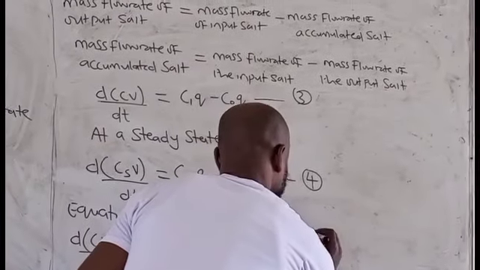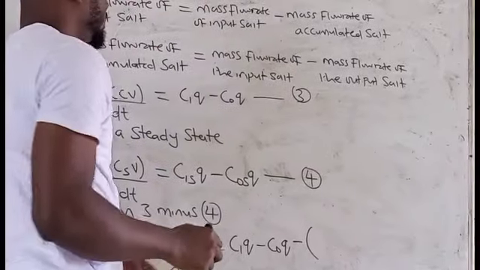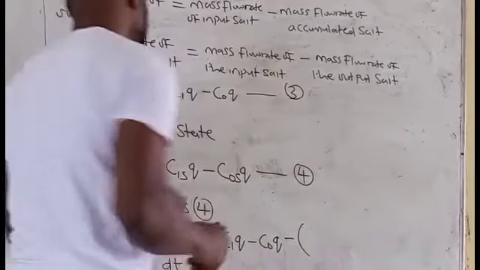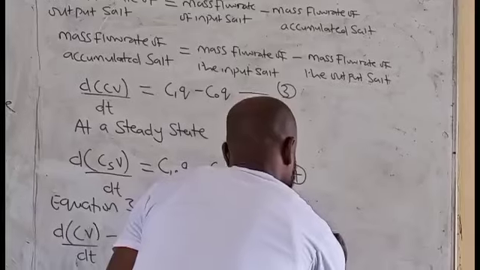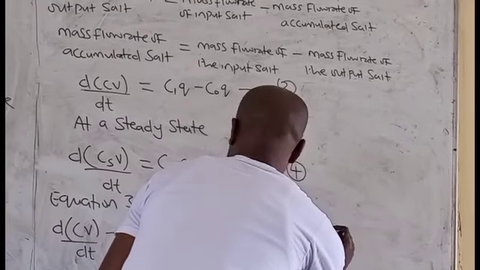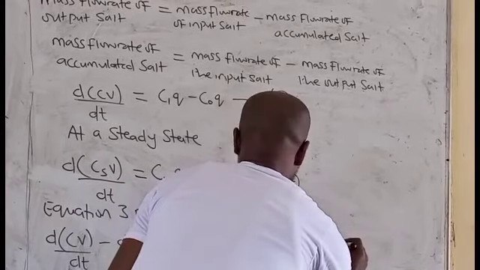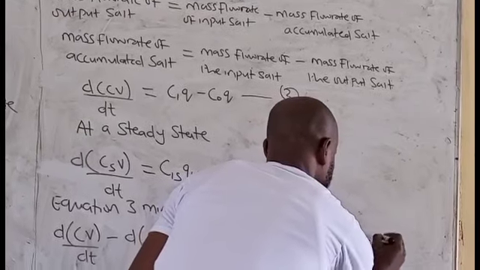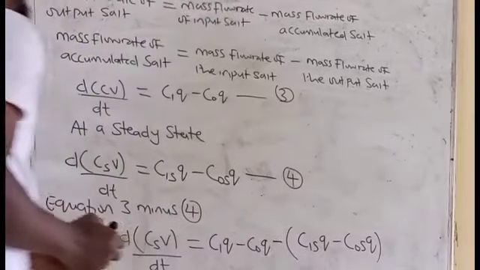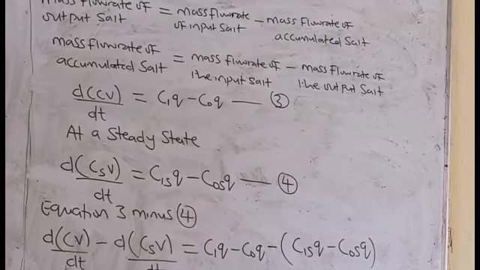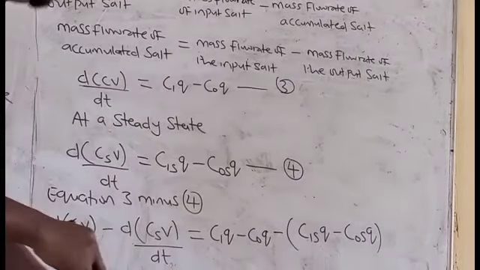You have to put it in bracket, since we are subtracting it. You say minus bracket c1x Q minus c0x Q. This is what we are going to get.